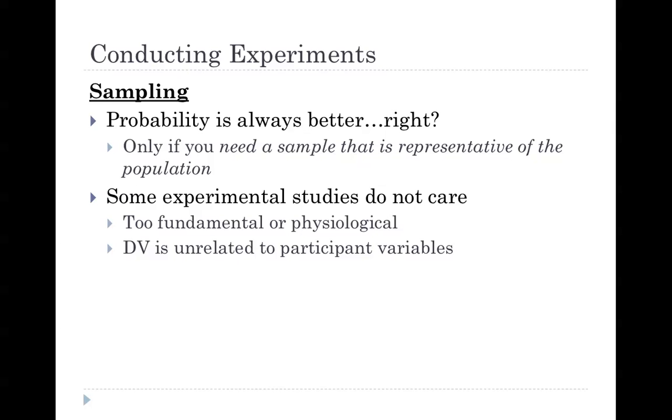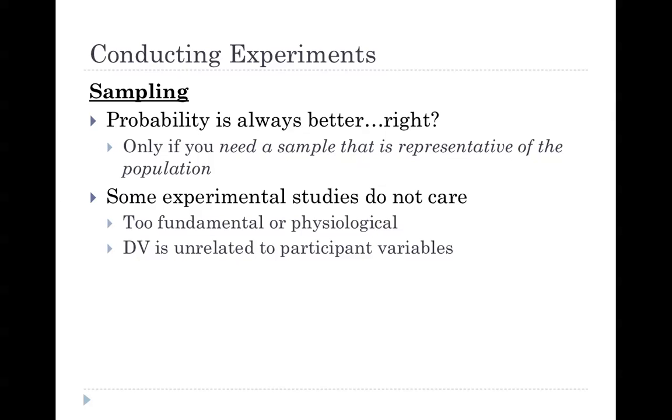So in this sense, if your study is really looking at something that fundamental, that physiological, it doesn't matter if you have probability sampling, because the different characteristics of the sample itself won't be influencing the physiology. As well, if your dependent variable under investigation is unrelated to any participant variables in your sample, it doesn't matter if you do or do not use probability sampling.